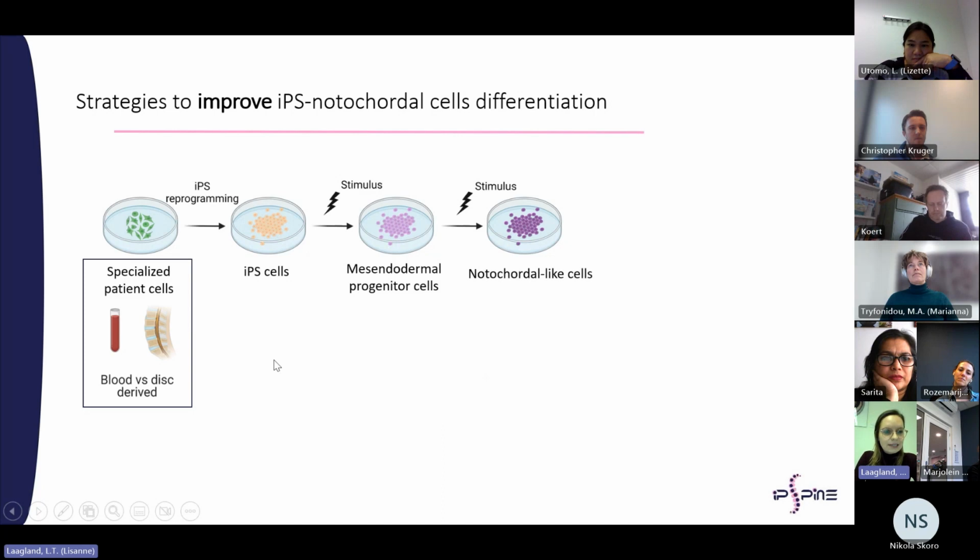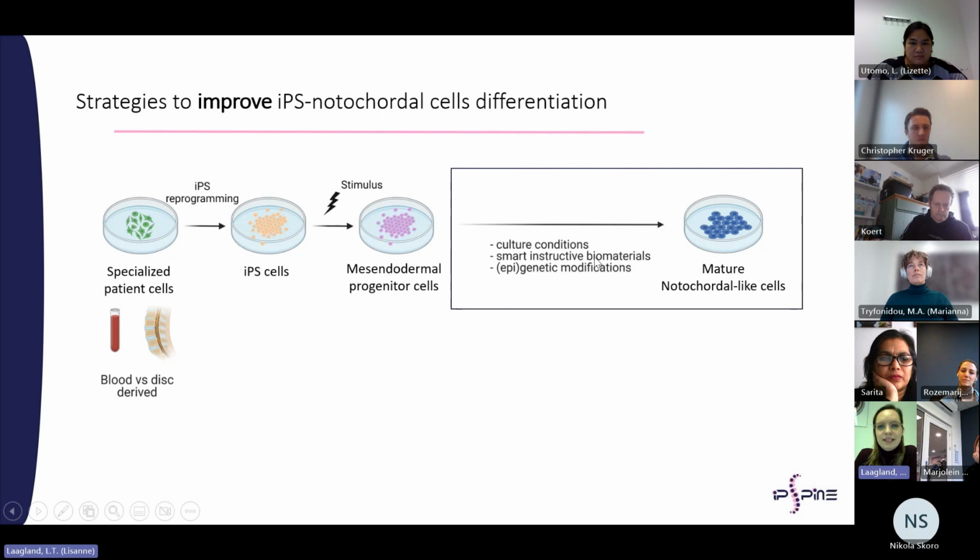However, recent research has shown that some bits and pieces can be retained in the memory. So you can imagine that if we start this process with a disc cell, this can actually help the cells to become the notochordal-like cells. And to test this hypothesis, we processed this differentiation protocol with disc cells and we compared it to blood cells.